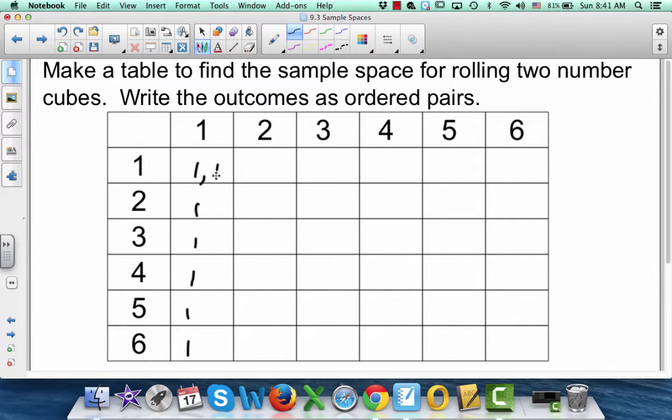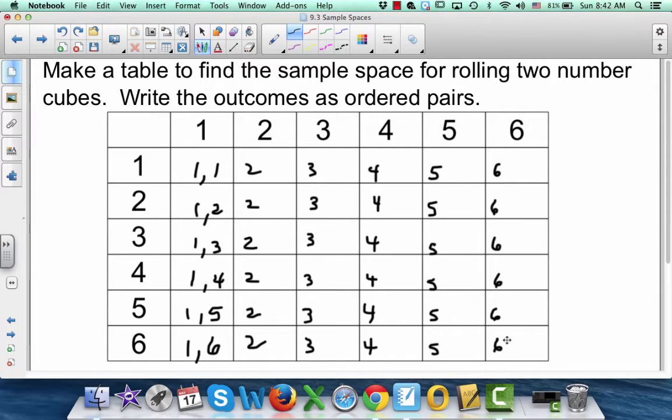Well, we could get a 1, a 2, a 3, a 4, a 5, or a 6. So we could get 1,1; 1,2; 1,3; 1,4; 1,5; or 1,6. The same thing would work over here, so we go over with 2, 2, 2, 2, 2, 2, 3, 3, 3, 3, 3, 3, and so on.